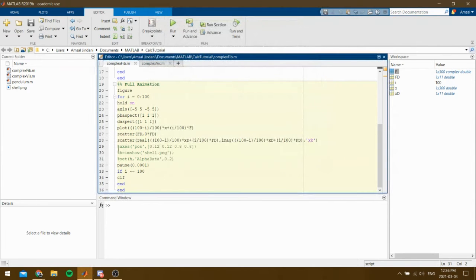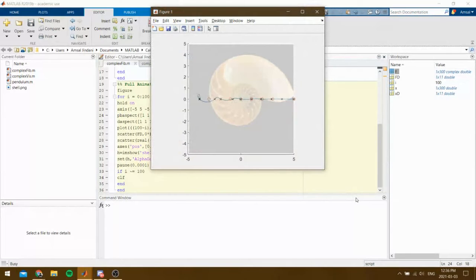So I just decided to put a picture of a shell underneath the plot and see how well that fits. And you can see how satisfying that is, that it nearly fits the shell perfectly.